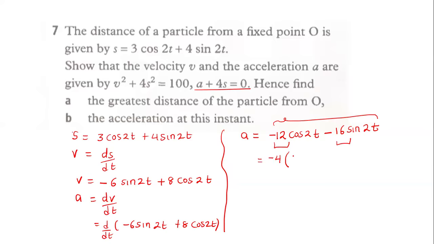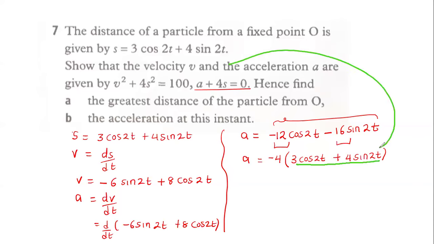We remain with 3 cos 2t plus 4 sine 2t. What are you observing now, Doreen? I'm observing that the values in the bracket are the same as the displacement. Very good. It's the same as the displacement.